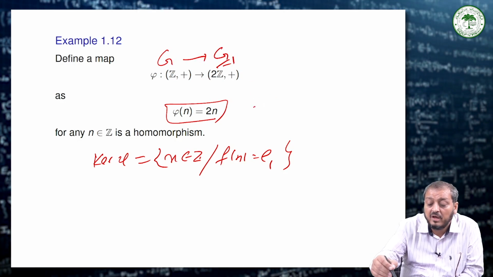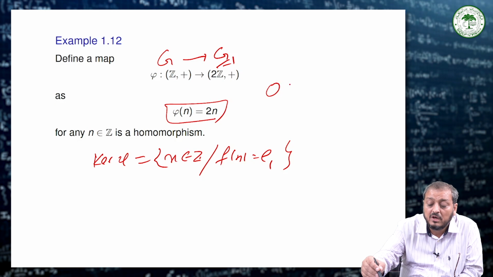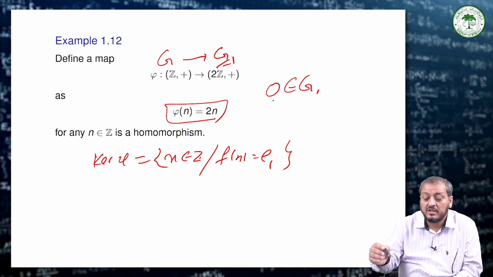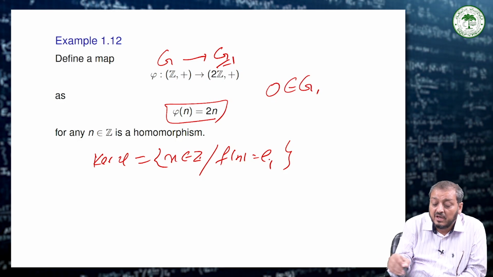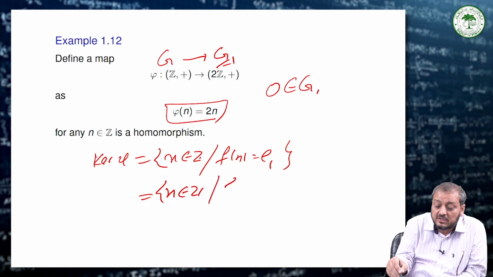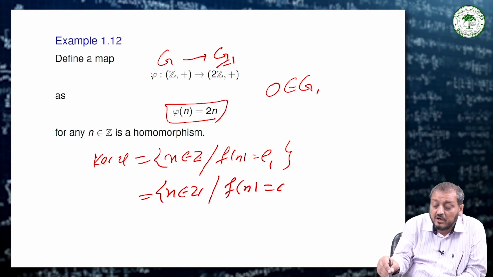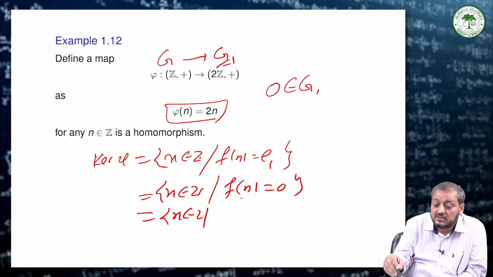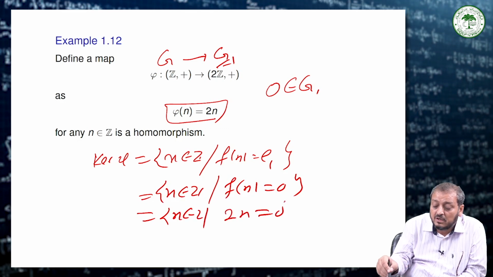The identity of G1 is 0, the additive identity. So this can be written as n in Z such that phi of n is equal to 0, that is, 2n is equal to 0.